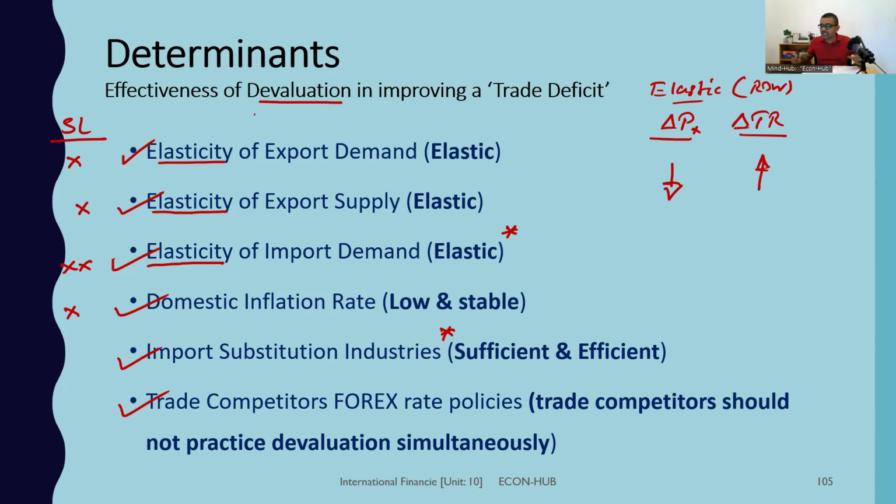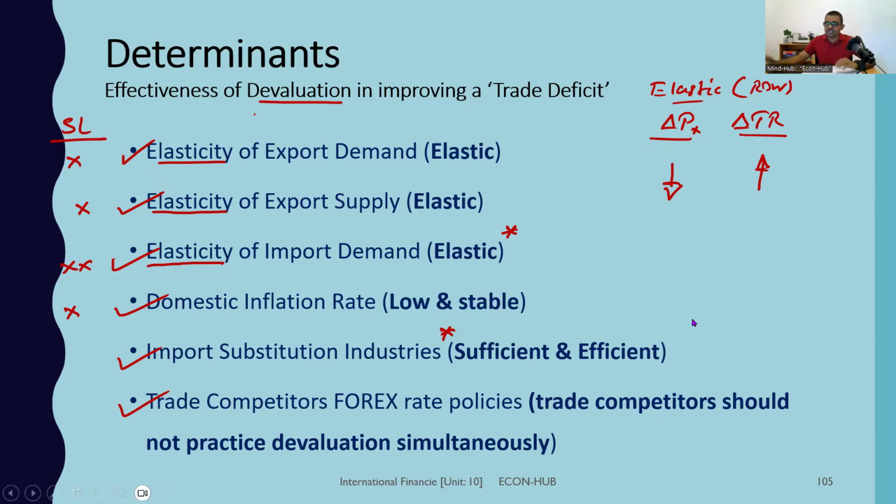Now we have that negative relationship. So for us to earn more from exports, when we make our exports cheaper by devaluing our currency, our exports need to have an elastic demand. Did I answer the question? Yeah? Right. There we go.